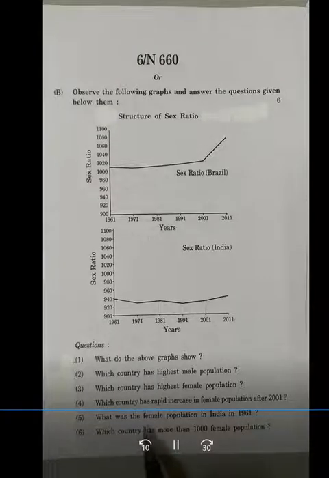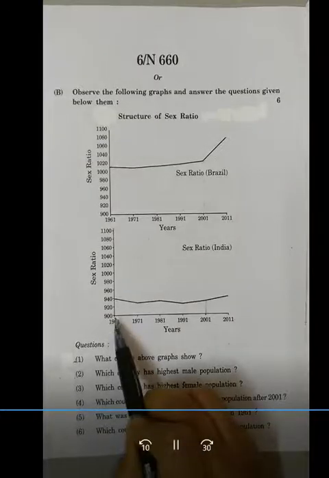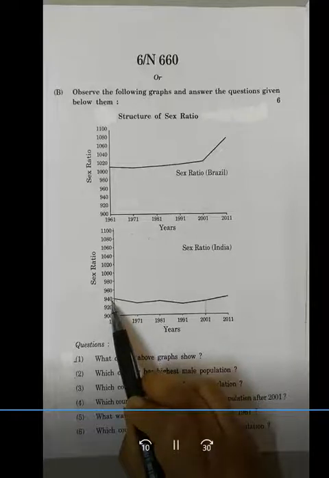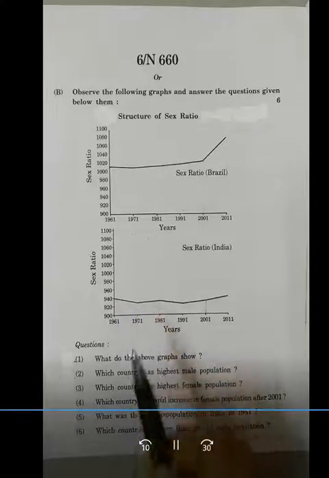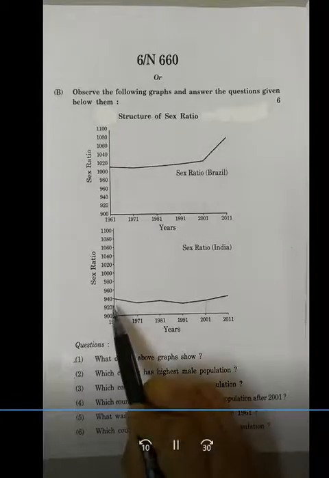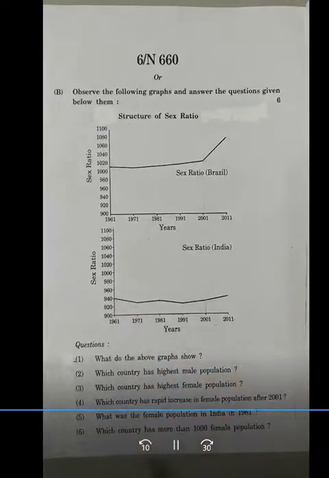Question number 5. What was the female population in India in 1961? In 1961, India's population is 940 per 1,000 males. So the answer is the female population in India in 1961 was 940 per 1,000 males, and you are going to underline 940 per 1,000 males.